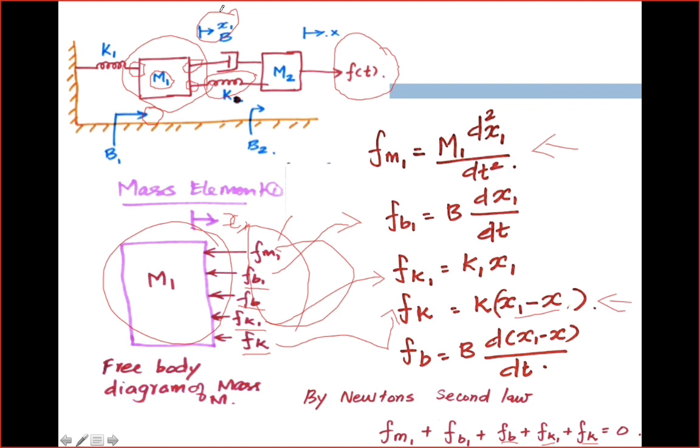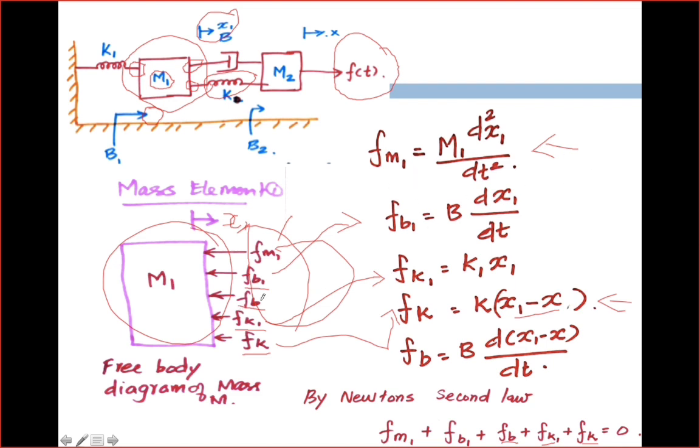Because of that, with reference to mass element m1, the displacement we are going to consider is x1 minus x2. So the force related to the spring is Fk is equal to K into x1 minus x2. At the same time, if you are considering with respect to m2, we have to write K into x2 minus x1.